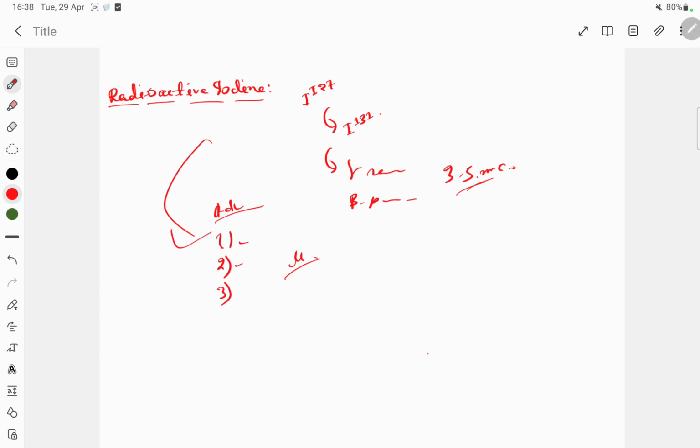And the last one is, when the treatment is successful, permanent removal of the hyperthyroidism is achieved.